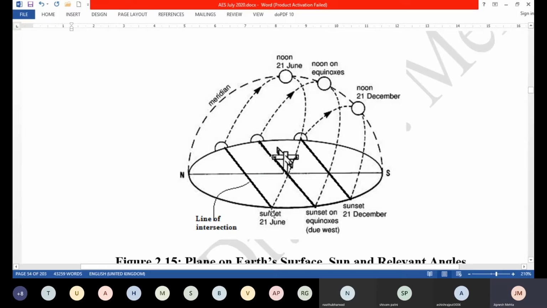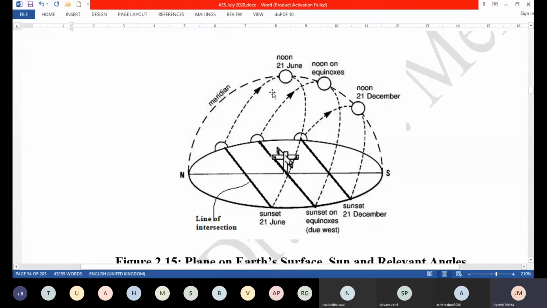When you are on the equator, you'll find that the sun at noon is overhead, so in that case there won't be any inclination of this plane. It will always be on a vertical plane.